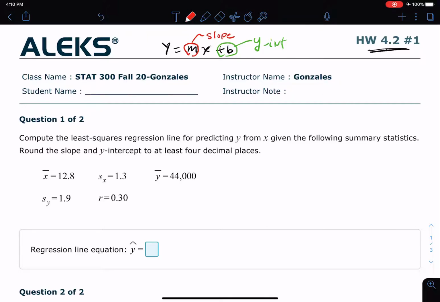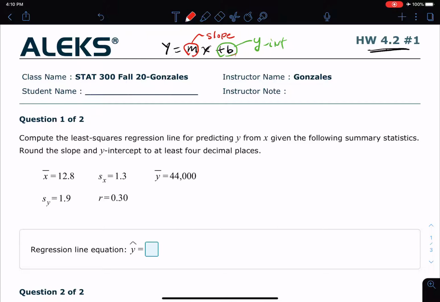These are linear equations, so when we graph them in algebra, you would plot the y-intercept, which is the b value, and then step the slope out, up 3 and over 2 or whatever the slope was, and you could make an equation of the line. Now this is a least squares regression line, which is a linear equation, so it has a y-intercept and slope, but it's using all the scatter plot points in statistics to come up with a linear line that fits that scatter plot to the best of our ability, using a process of least squares regression.